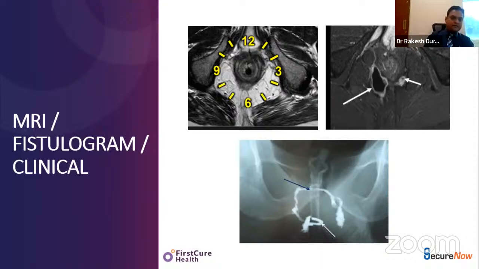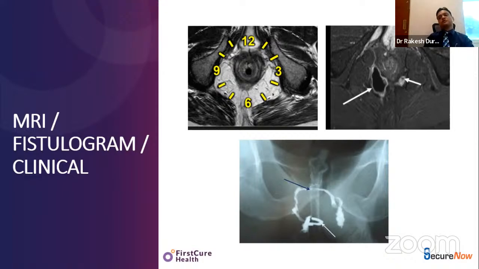Number one is clinical, as I told you: there is a pus-discharging sinus or opening, then there is a thick tissue intervening, and then there is the back passage. So that is a clinical examination. But your fingers do not have a 3D mapping of that back passage area. That is where the role of MRI comes in. But in between comes the fistulogram, which I wish this technique would die out.